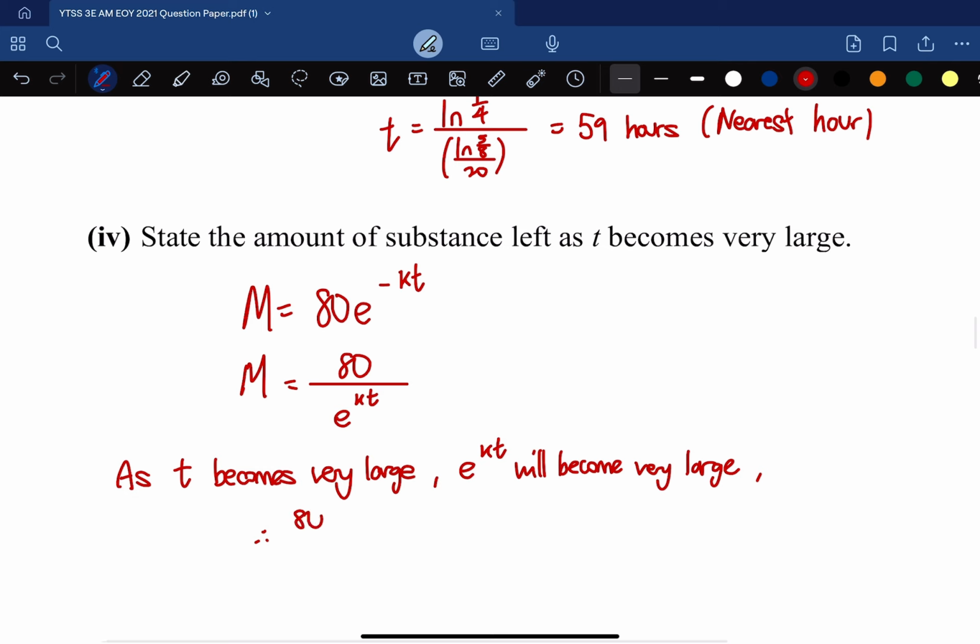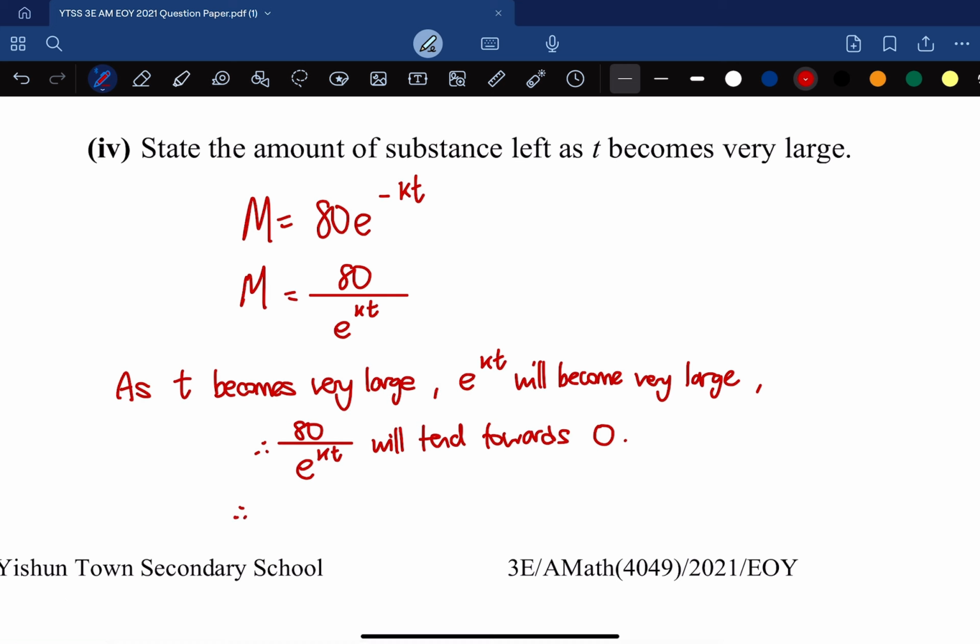Therefore, 80 over e power kt will tend towards 0. So therefore, the mass, the amount of substance, will tend to 0.